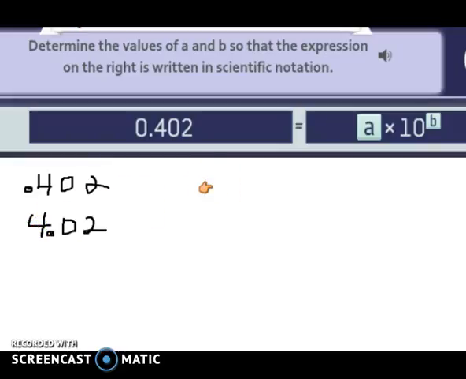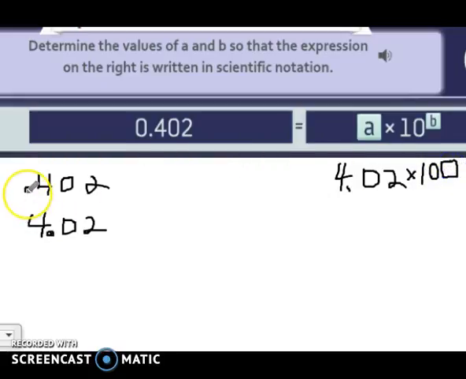So watch this. My A is the easy part. When I click on this, I know my number here has to look like this. All numbers that go here in front of the multiplication sign, they all have a number and then a decimal point. So that's my easy part. My hard part is knowing whether or not B, when I click on this, is going to be negative or positive.